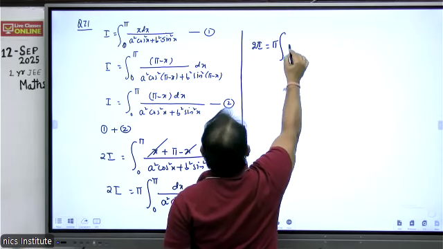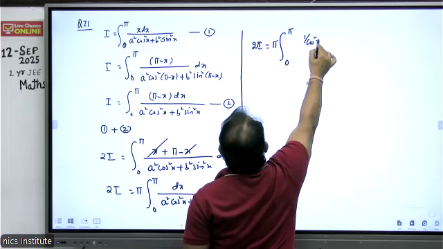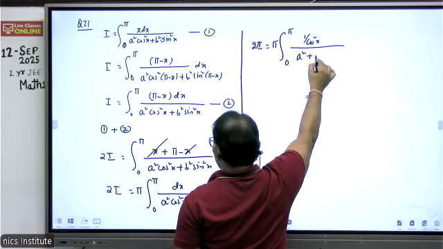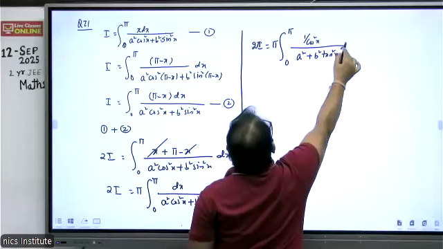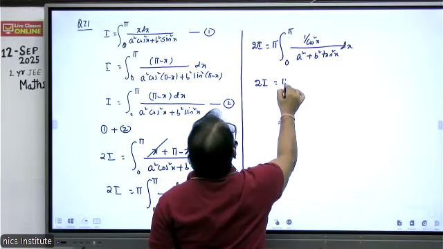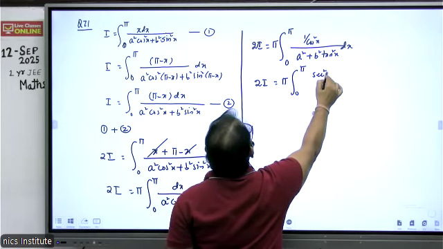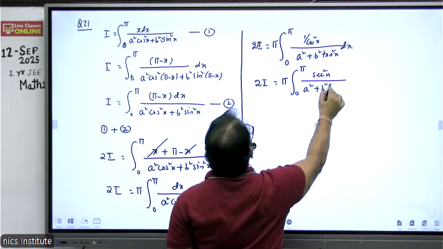So after dividing the numerator by cos square x, you have 1 by cos square x. Here you have a square, and then you have b square tan square x dx. So this is sec square x, which is the derivative of tan x.